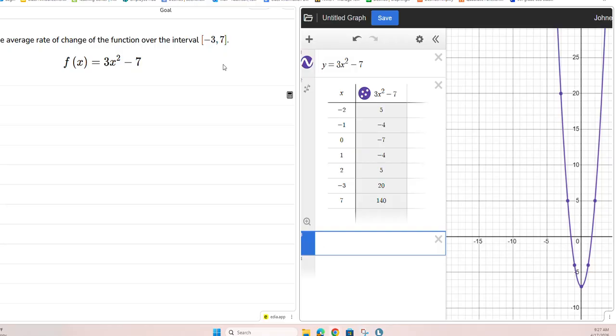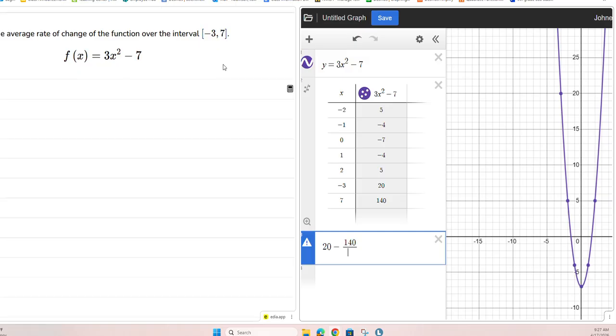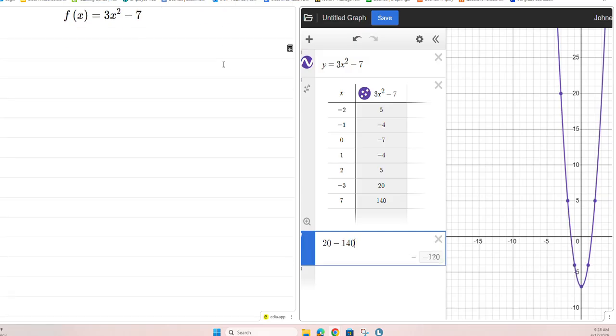All right, here we go. So I'm at 3x squared minus 7, and I'm looking at the interval between negative 3 and 7, which means that I am going to calculate 20 minus 140 over, and look how it typed it on my computer. That's wrong. You got to use those parentheses.